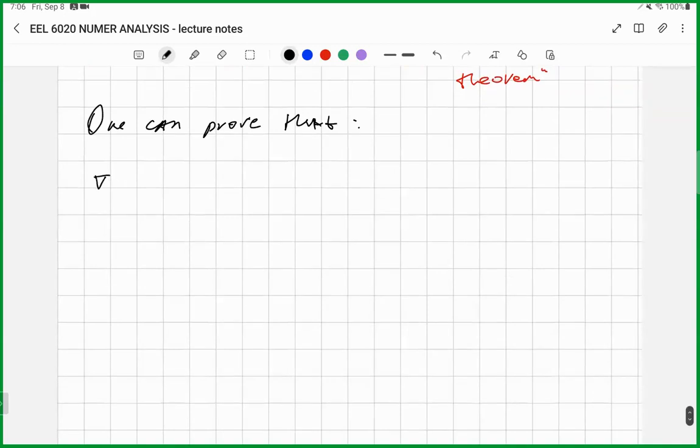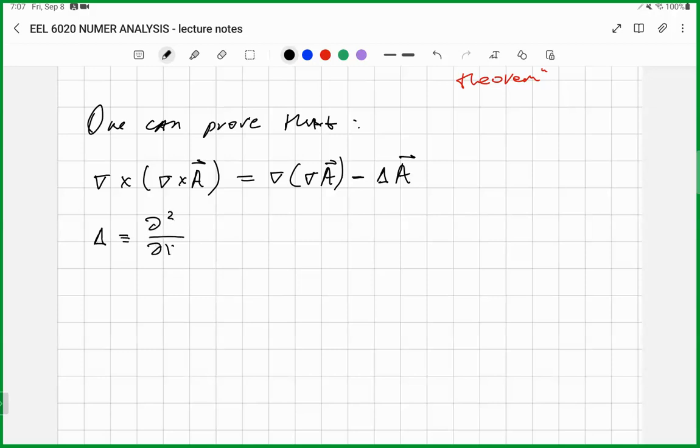So the curl of curl of vector field A is given by the gradient of divergence of the field minus Laplacian A. And I remind you that Laplacian is given by d2 over dx2 plus d2 over dy2 plus d2 over dz2.